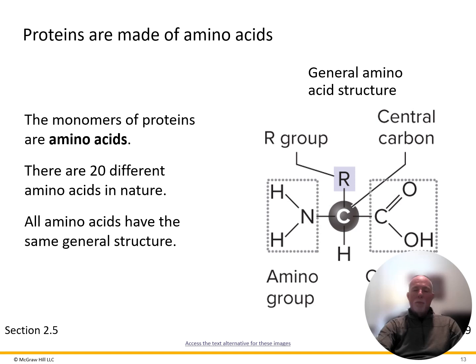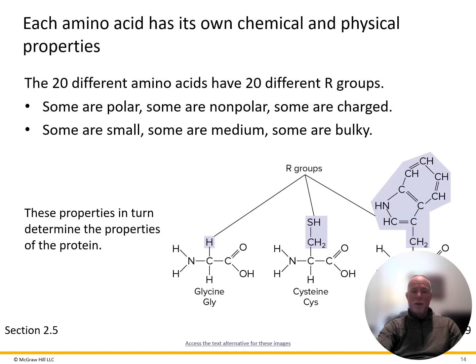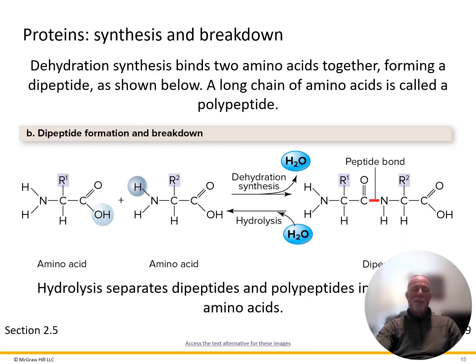But all proteins are made up of amino acids. Those are the monomers that build the polymers of proteins. There are some chemical properties here. Some are polar, some are charged, but there are only 20 different amino acids. We're not going to learn any of them here.